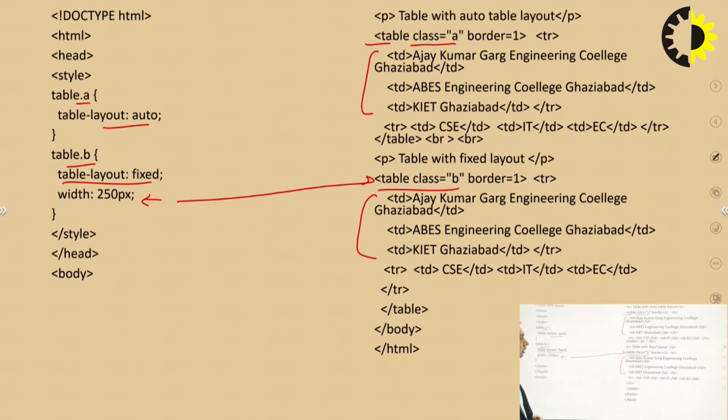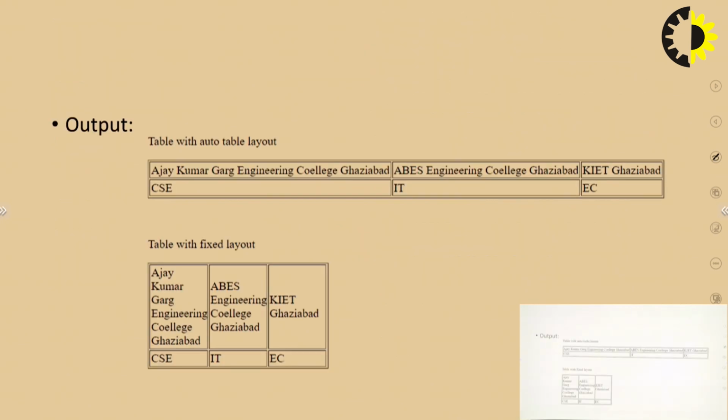It will display the first cell, then the second cell, because the browser knows everything, and the table width is fixed. So this table will be loaded much faster than the first table, in which we have table-layout auto. It is a very important property if you are designing a web page and the table is very long. So it is better to fix the table width.